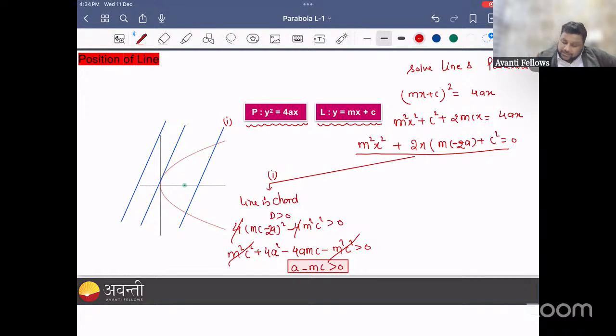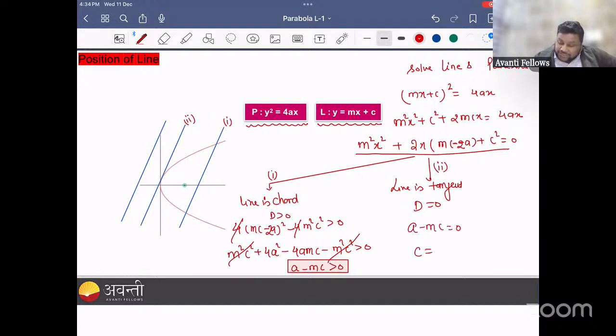Am I clear? Now, the second case is when the line is tangent. So if line is tangent, that means these two equations will be having two equal roots, because there is a point of contact. So its D you will make it 0. That means a minus mc equal to 0.